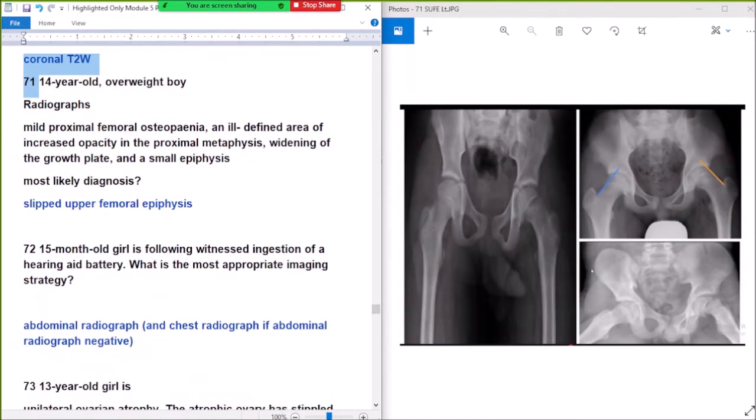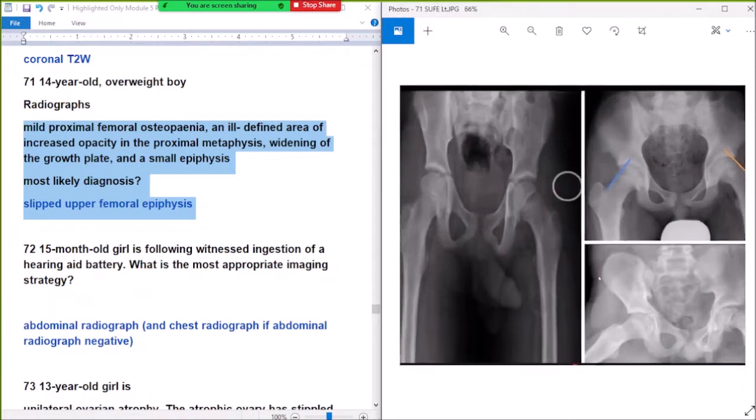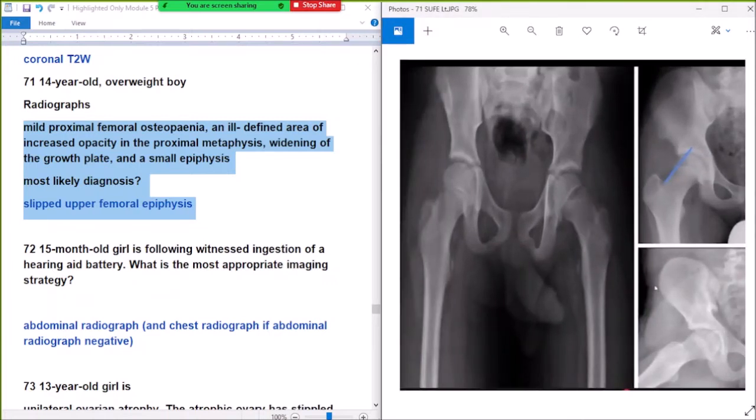Question 71. A 14-year-old overweight boy. Radiographs show mild proximal femur osteopenia, an ill-defined area of increased opacity in the proximal epiphysis, widening of the growth plate, and a small epiphysis.